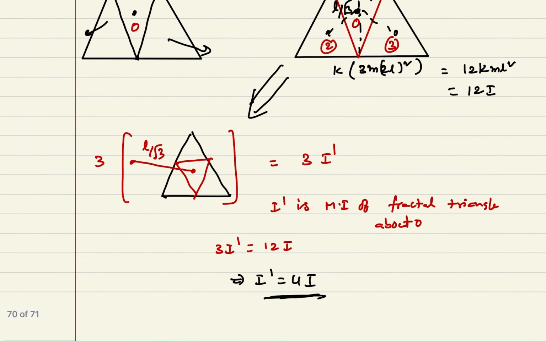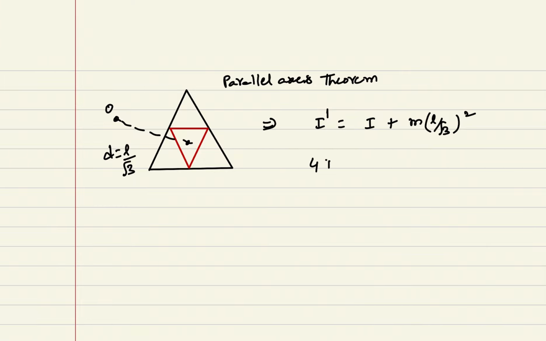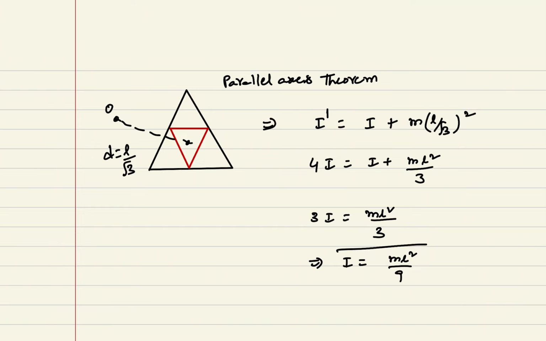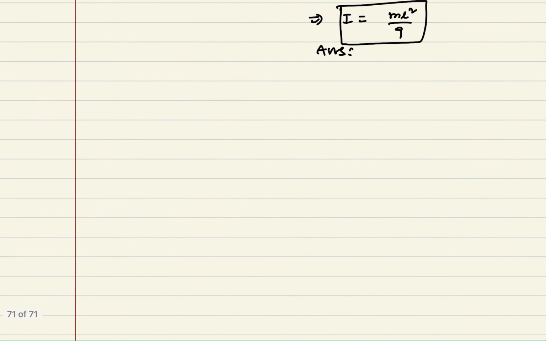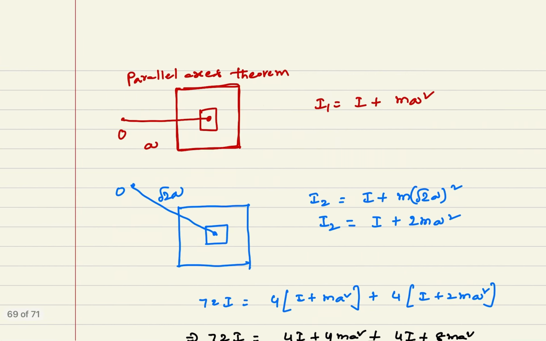My I dash value is 4I. I can write 4I is equal to I plus m into L square divided by 3. I can get 3I is equal to ml square divided by 3. Finally, I will get the I value is equal to ml square divided by 9. This is my answer. The moment of inertia of this fractal triangle about the center point O is ml square divided by 9. This is the answer.